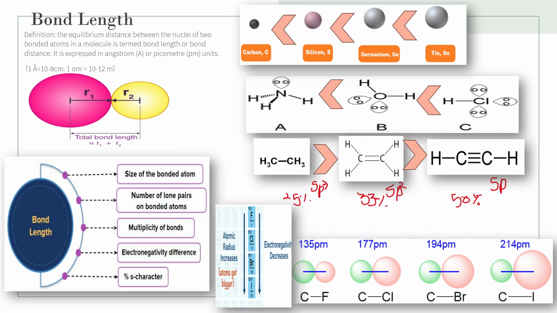If the difference increases, the bond length decreases. So bond length is inversely proportional to the electronegativity difference. These are the main factors affecting the bond length. Now tell me the increasing order of these molecules' bond length.